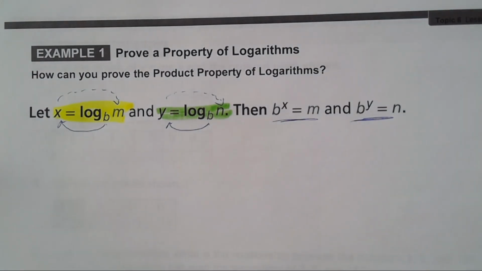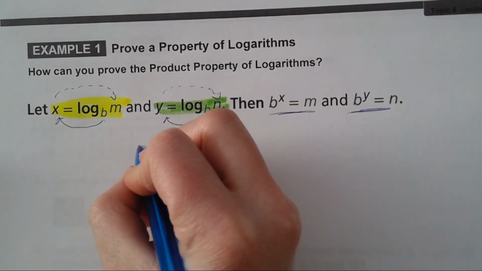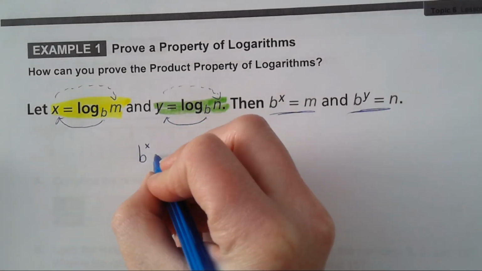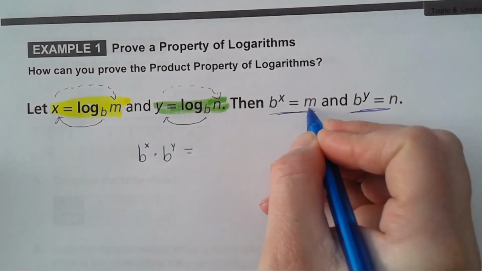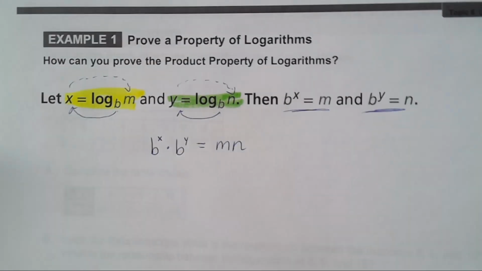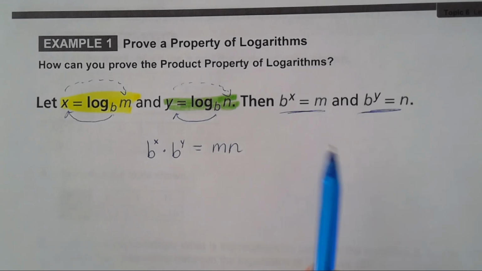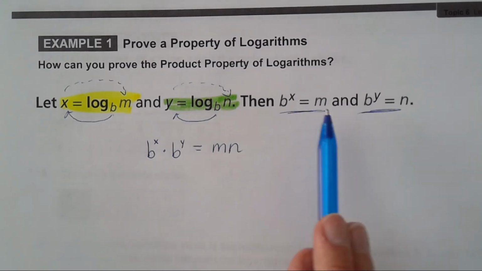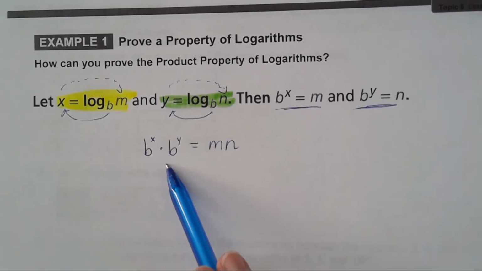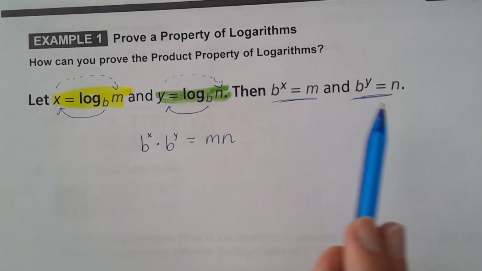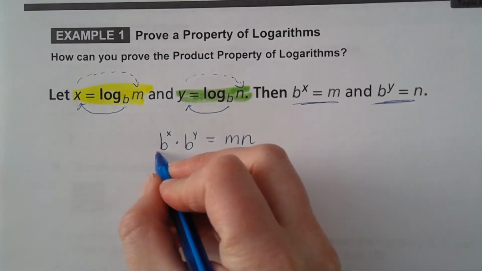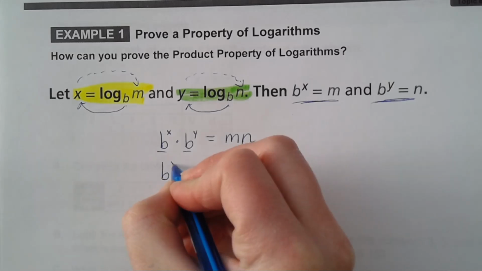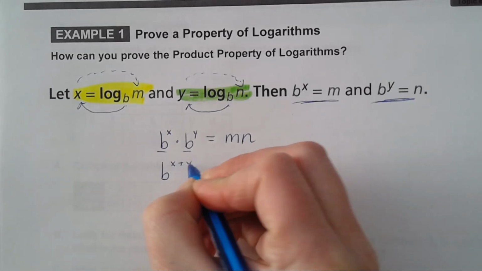Which means that if I multiply b to the x times b to the y, that should be m times n. If I just straight substitute, this equals m and this equals n. If I multiply these two together, well, we know same base, so I can add my exponents, which gives me x plus y.